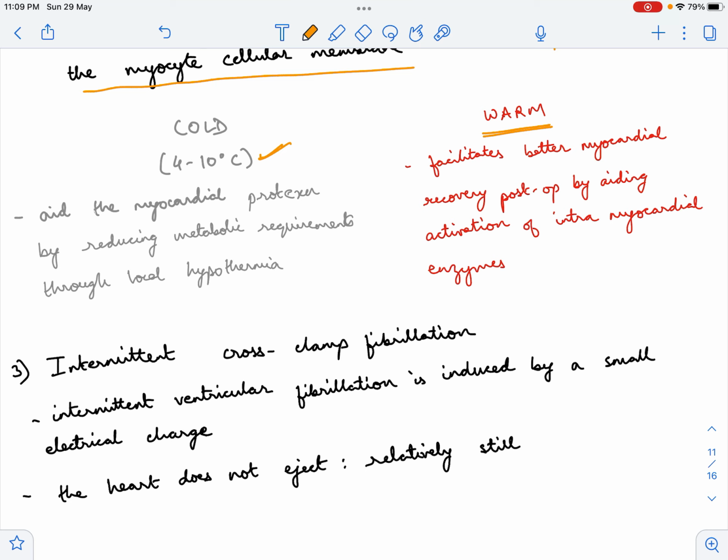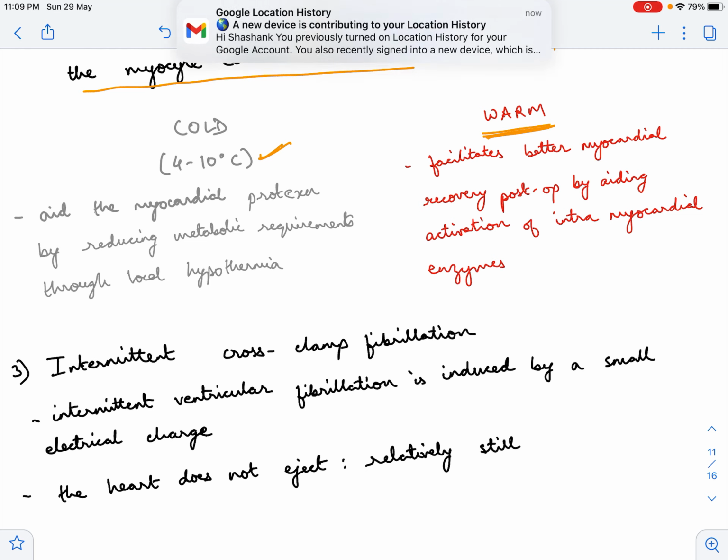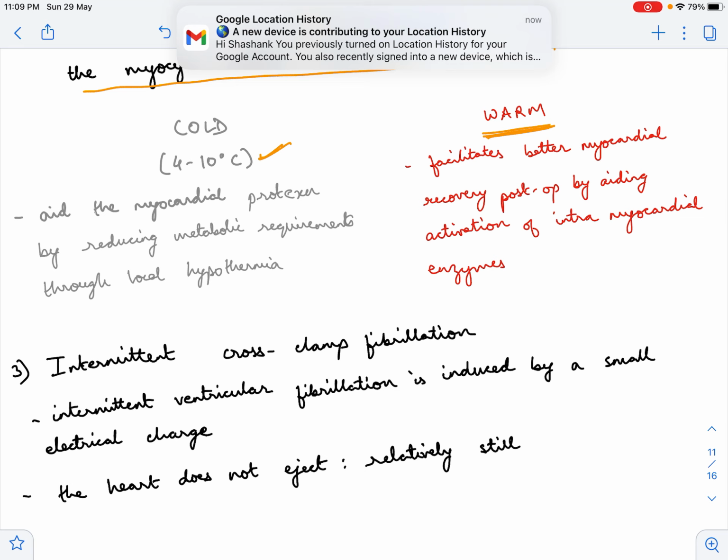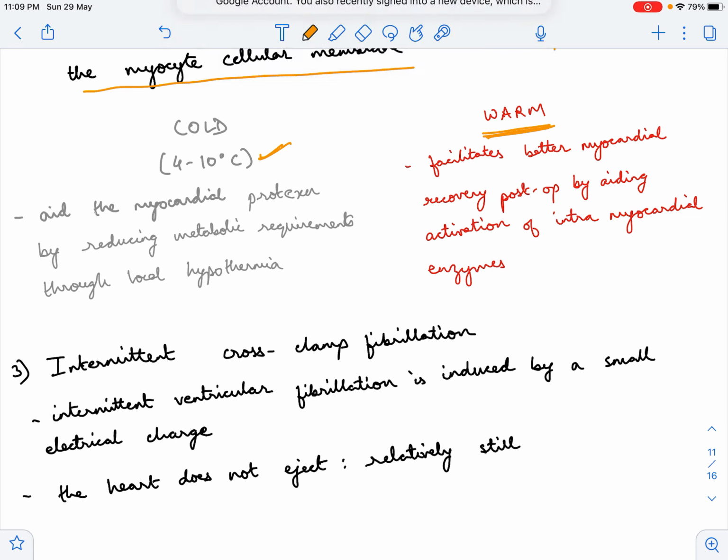And what is the advantage of the warm solution? After you have reduced the metabolic requirement and you've done your surgery, you also need the enzymes to get reactivated.